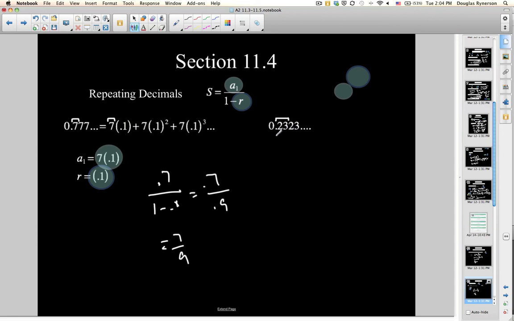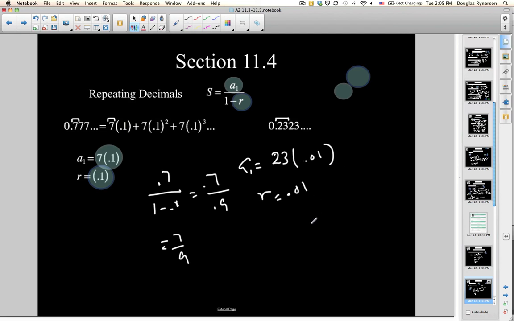Okay, it's a little more complicated as I have extra digits in my repetition. So you can see that this is 0.23, right? It's 23. My first term, a sub 1, is 23 times 0.01. Right? It's actually 0.01 that is going to be my common ratio. So the key here is you're matching the number of decimals in your portion that repeats with the number of decimals in your ratio.